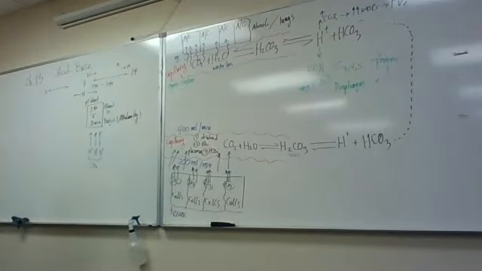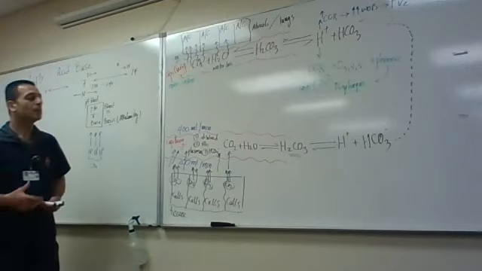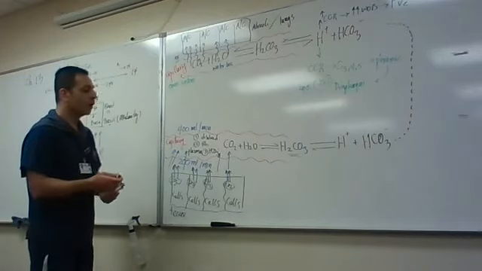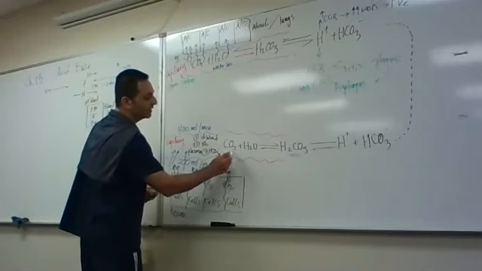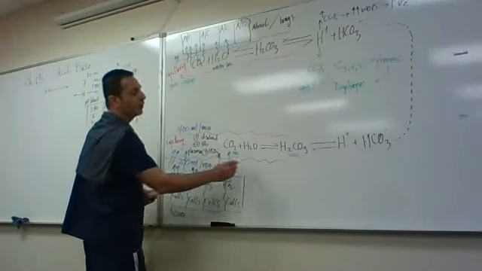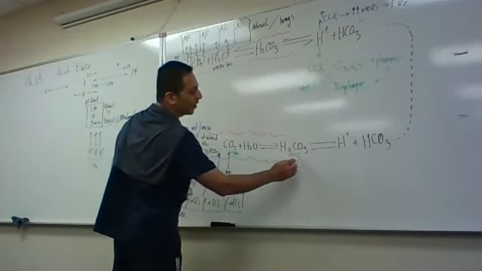It says a volatile acid is one that is in equilibrium with a dissolved gas, meaning that whatever amount of CO2 I have at this point, I will have that amount of carbonic acid on this side.